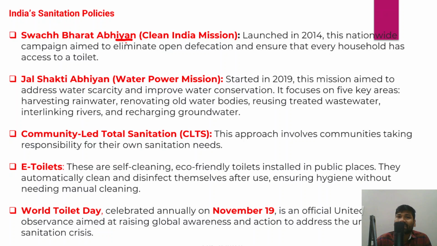It is also known as Jan Andolan. It is also called the Clean India Mission. We all knew that it was launched in 2014 by the NDA government, and this is a nationwide campaign, a Jan Andolan, to eliminate open defecation or to make India open defecation free, and also ensure that every household has access to a toilet.